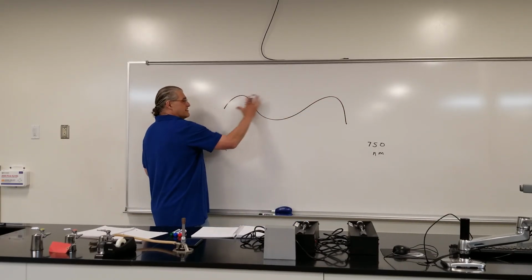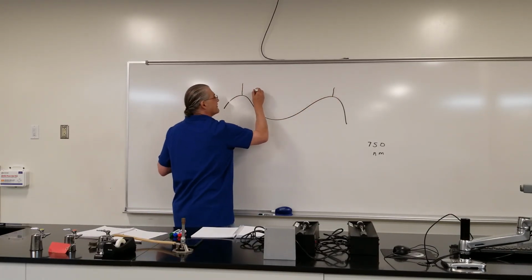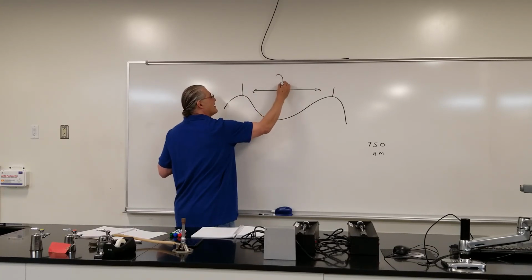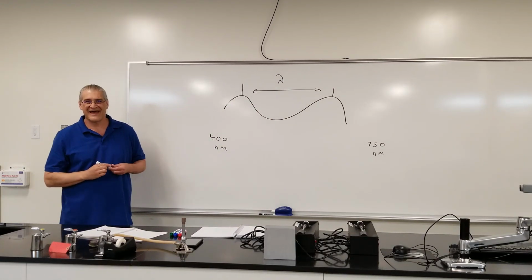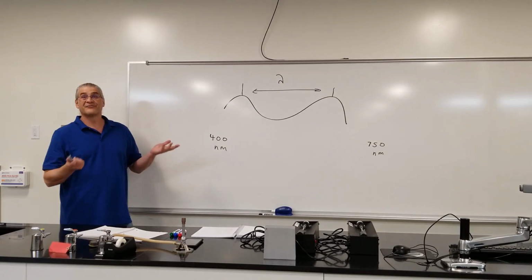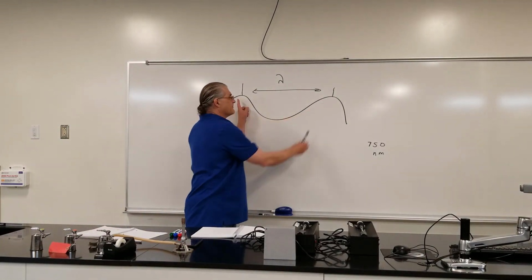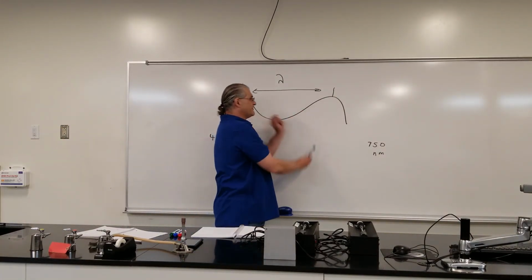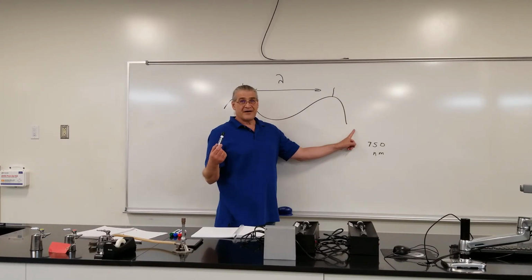If this is the electromagnetic radiation, the distance between two peaks here, that distance is the wavelength. We give it this symbol, lambda, that weird looking Greek L is pronounced lambda, and that stands for wavelength, the distance between two peaks. So if your distance between two peaks is around 700 nanometers, that electromagnetic radiation is going to appear to your eyeball to be red light.